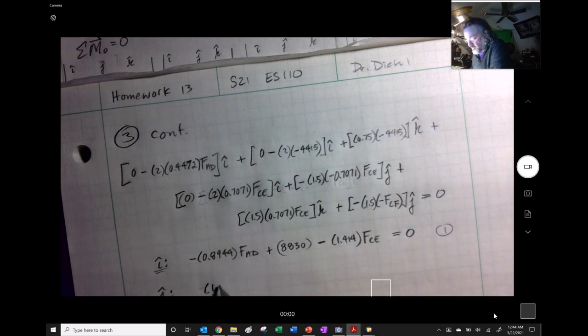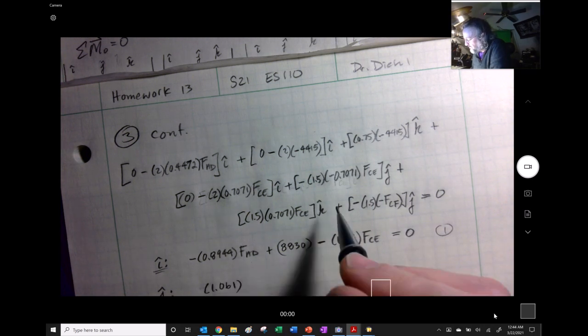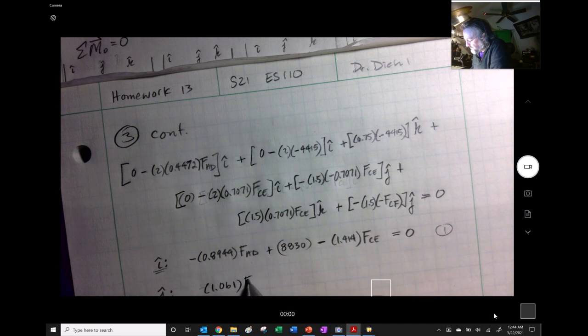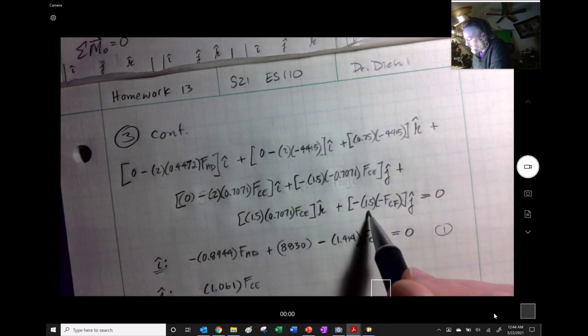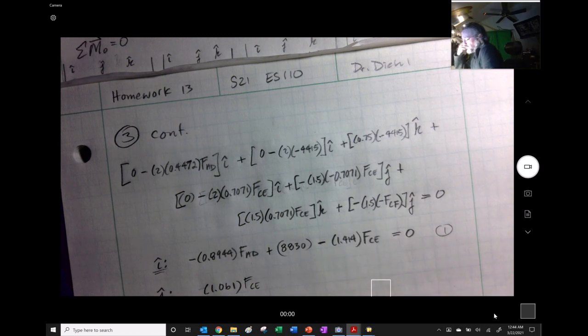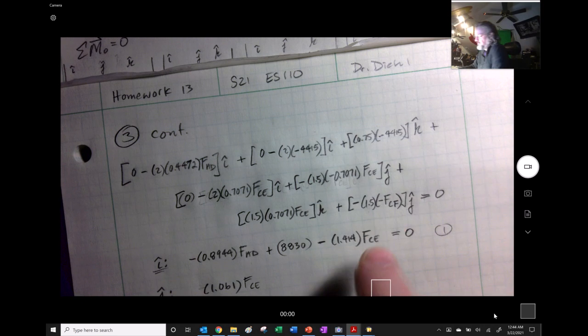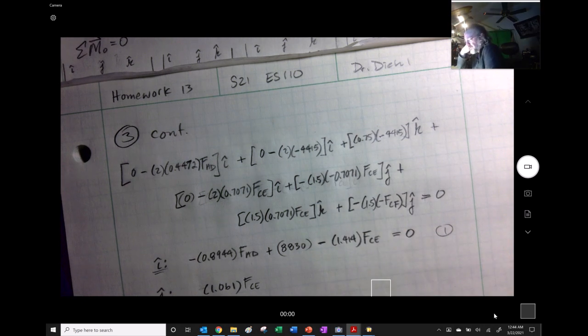So I have 1.061 FCE. And then we had this guy. And this is kind of messed up, because that's negative. That's not good. One of these ropes is going to have to be a negative. It's going to have to be a rod.